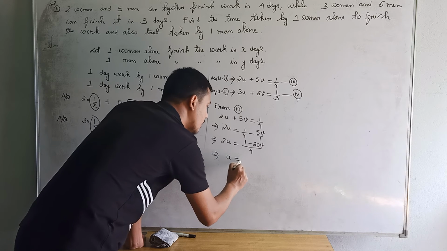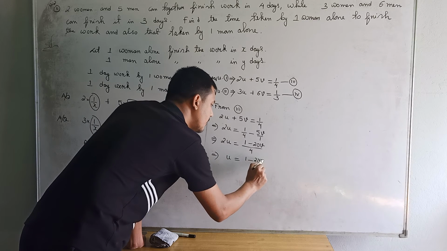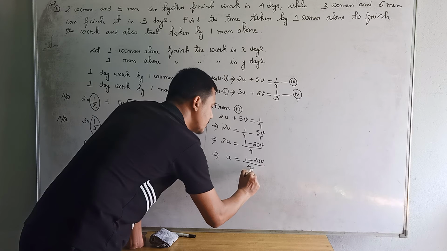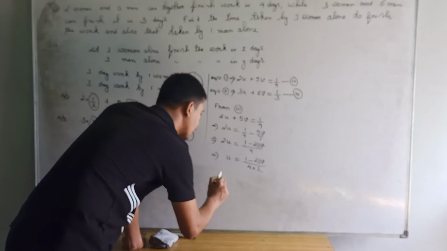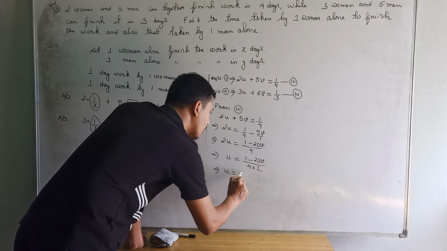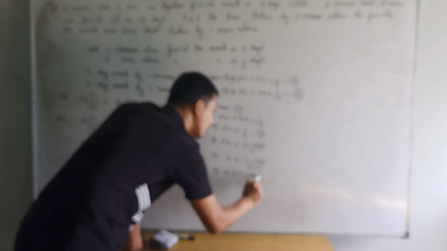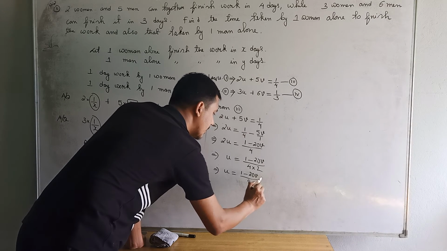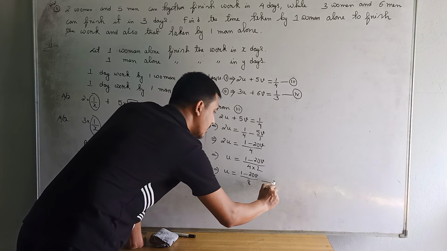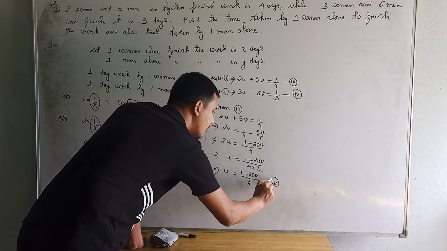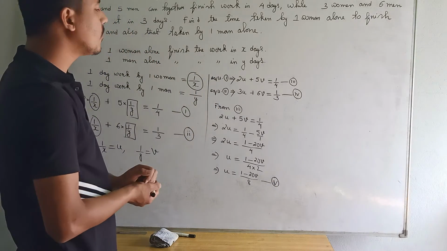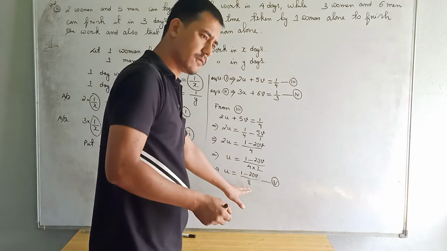So your u will be equal to 1 minus 20v upon 4 times 2. So u will be equal to 1 minus 20v upon 8. This is another equation, equation number 5. So we have obtained u in terms of v.